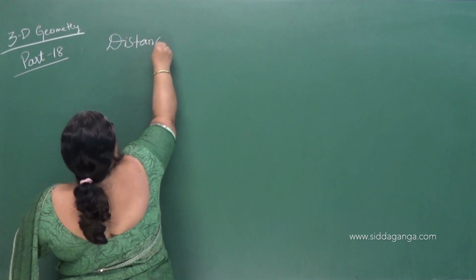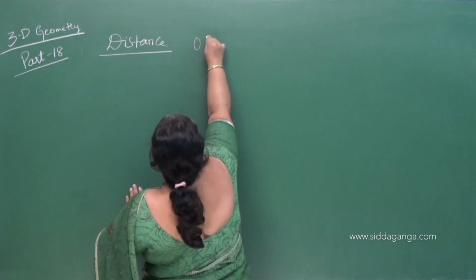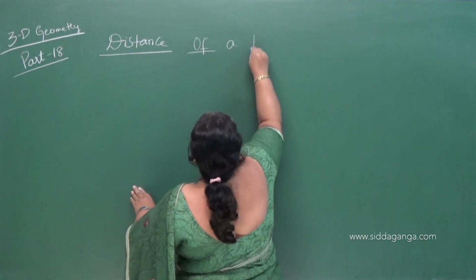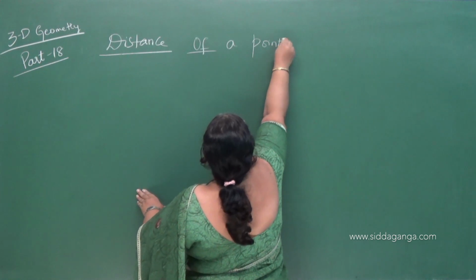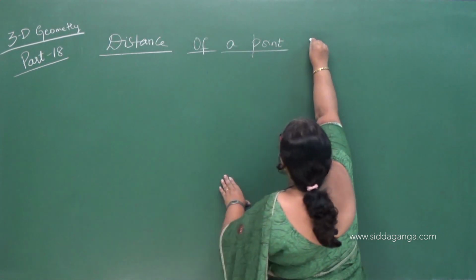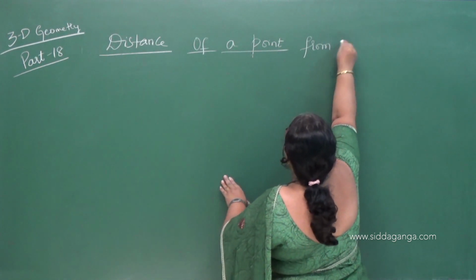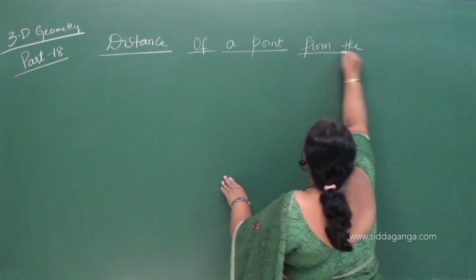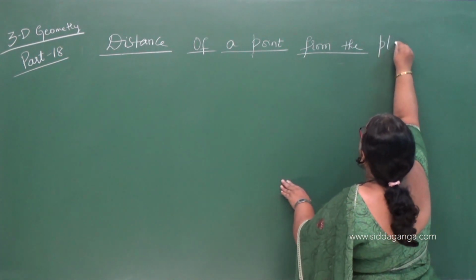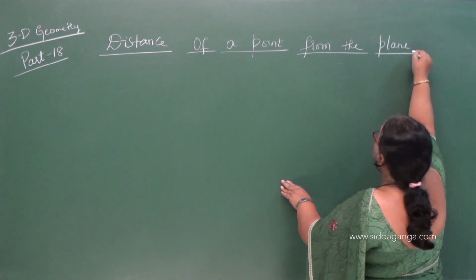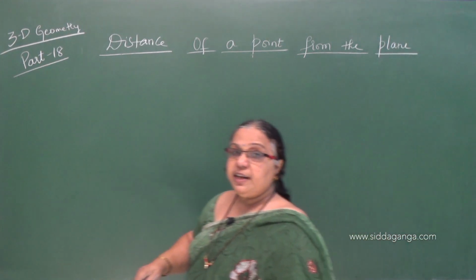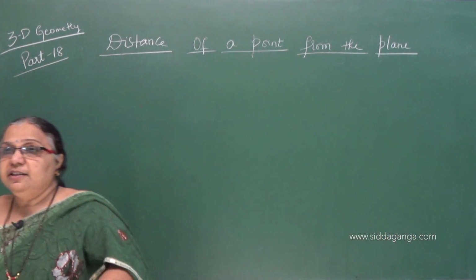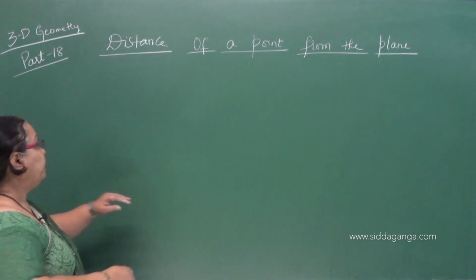Distance of a point from the plane. So ಇಲ್ಲಿ ಪಾಯಿಂಟ್ ಕೂಡ ಕೊಟ್ಟಿರ್ತಾರೆ, ಪ್ಲೇನ್ ಕೂಡ ಕೊಟ್ಟಿರ್ತಾರೆ. We have to find the distance between them.